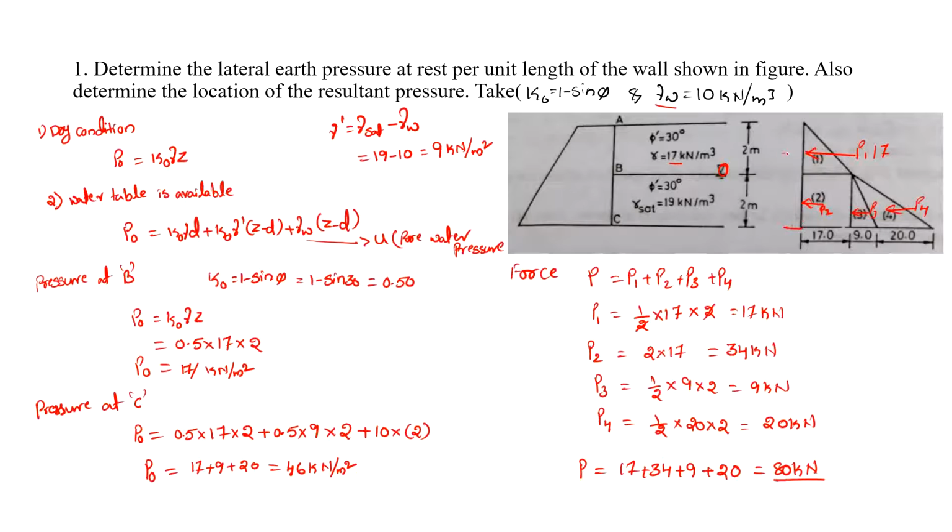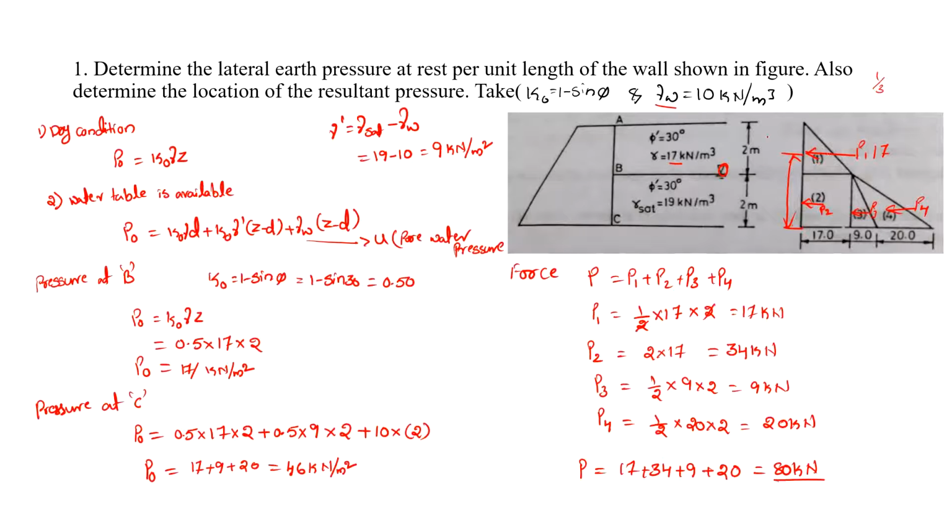So we have to calculate the distance between the first force and the C point. This entire height is 2 meters, and this 17 force is acting at the centroid of the first triangle. We get the centroid from the base at one-third of the height.